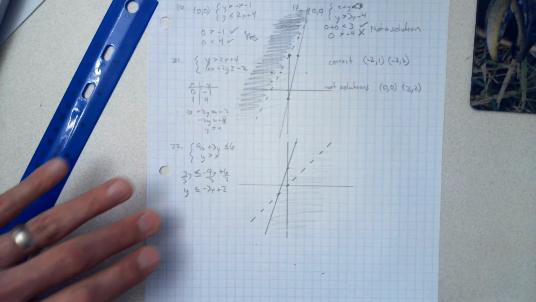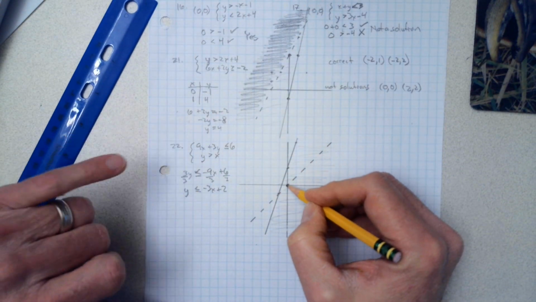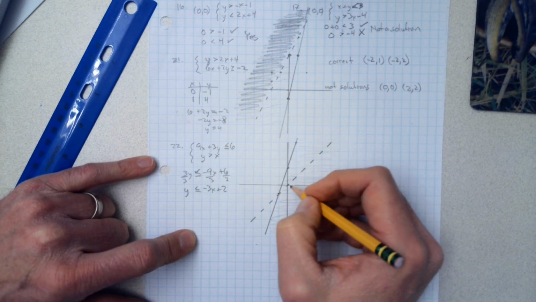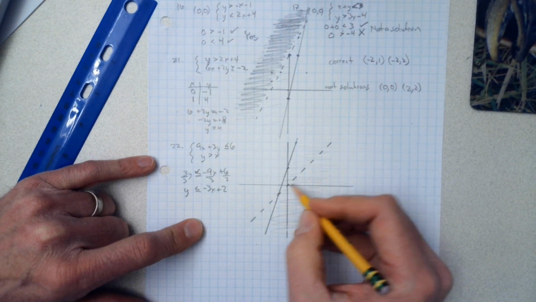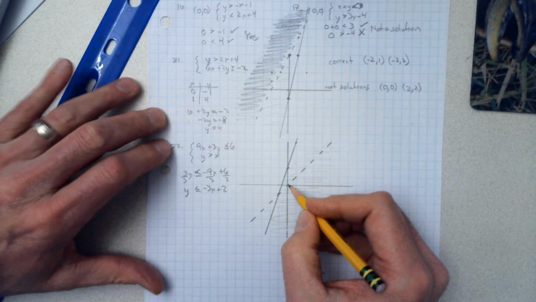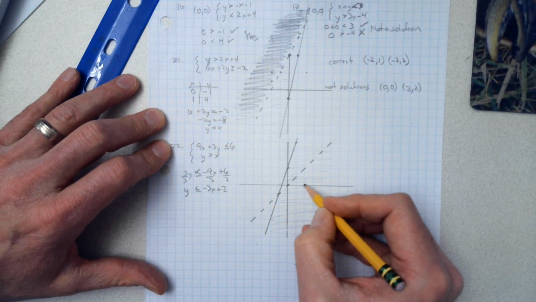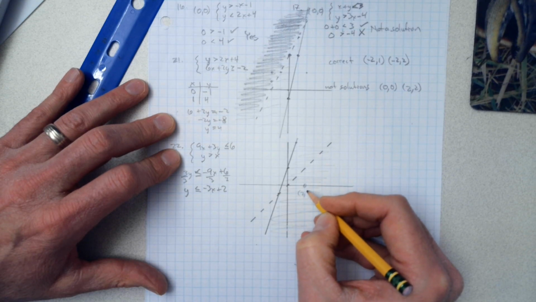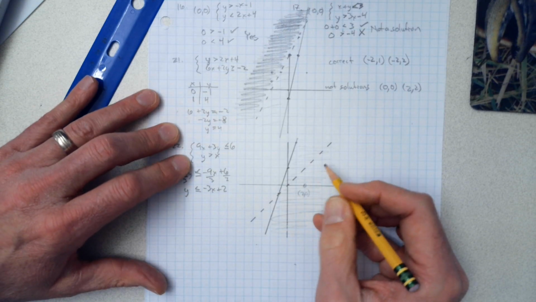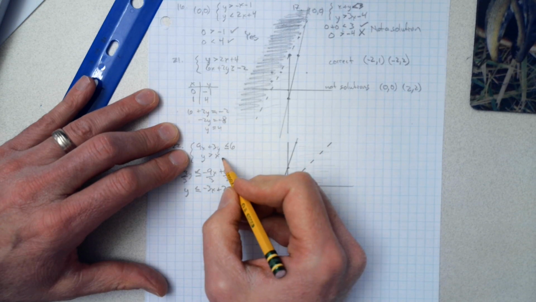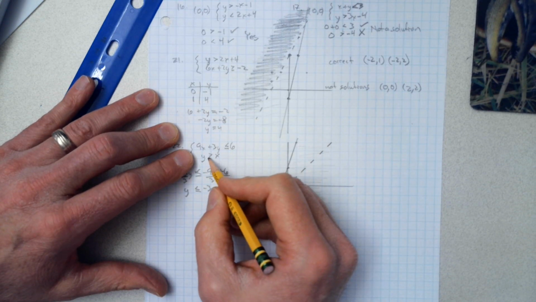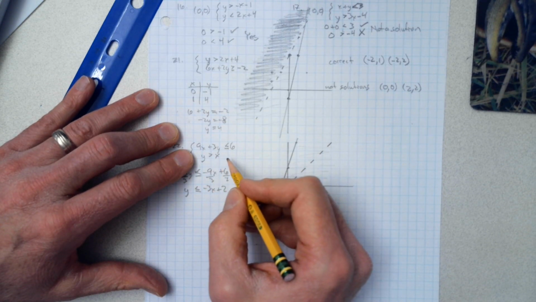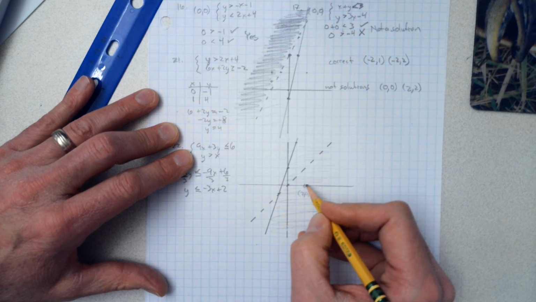In this case, on my shading, it doesn't work to pick (0, 0) because (0, 0) is on the line. So I will pick something else. Like if I pick this point right here, this is the point (2, 0). I'll put a 2 in for x and a 0 for y, and it would say 0 is bigger than 2, which it is not.